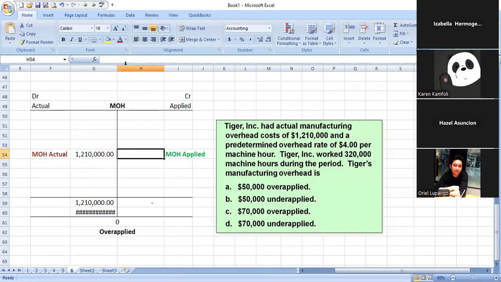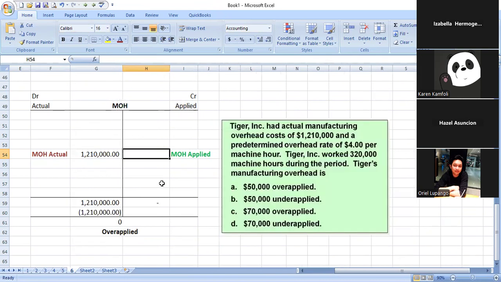So this is the scenario, watch this. Now we have 1,210,000 as the actual cost. Predetermined overhead is $4, but they worked 320,000 machine hours now.